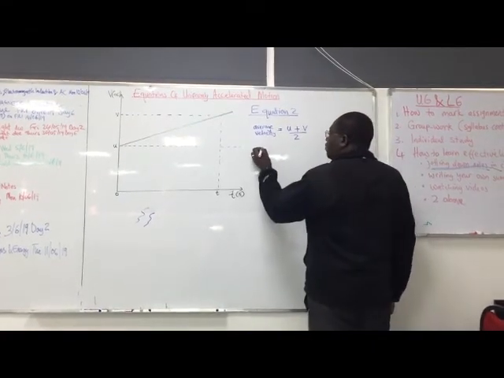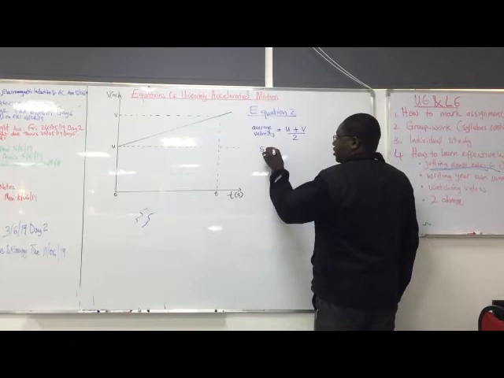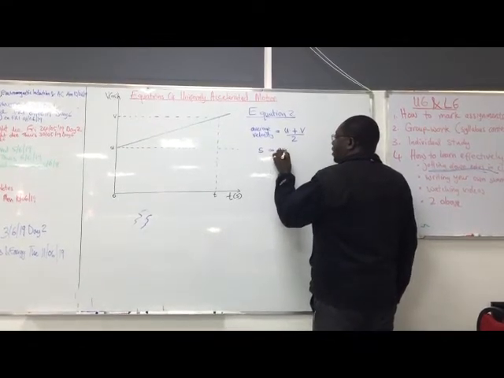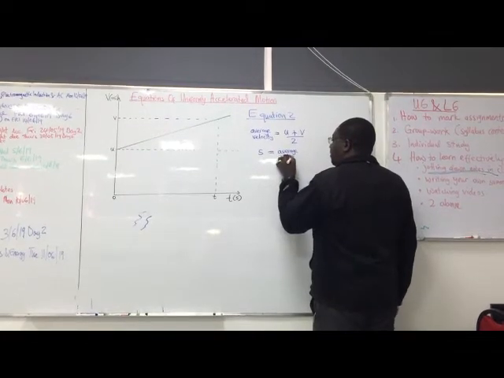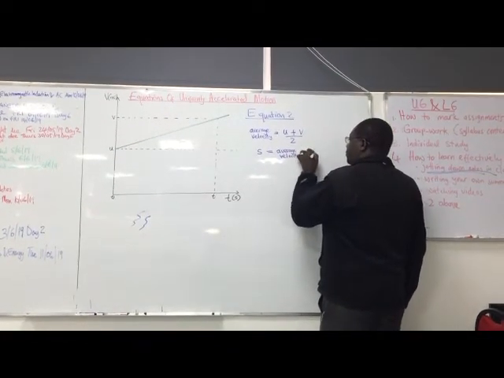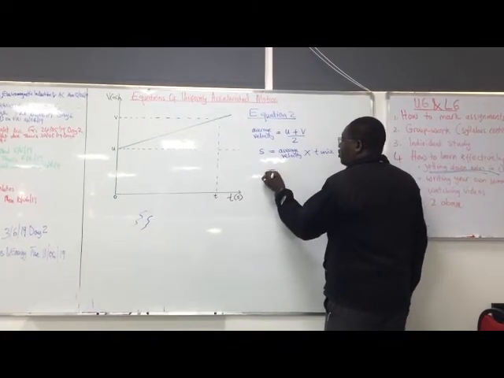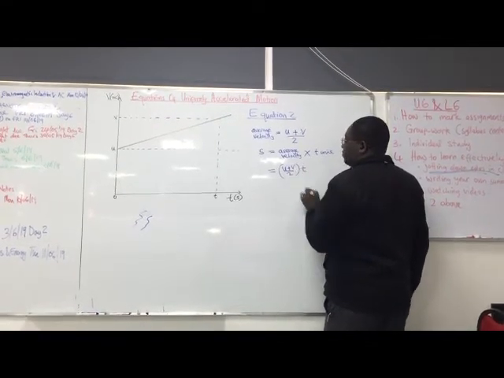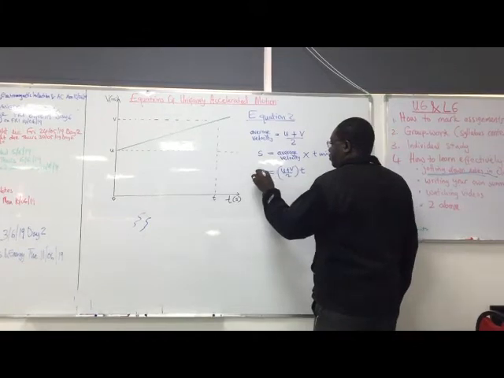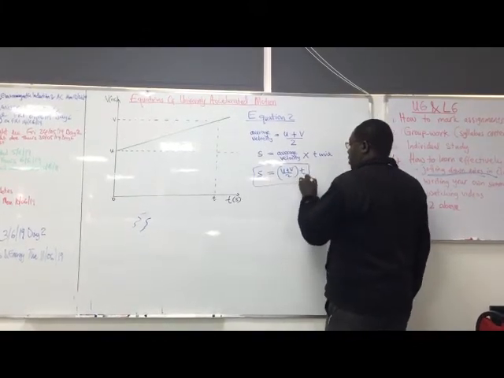Now we know that total distance traveled, s, is equal to the average velocity times the time. So this is going to equal (u plus v) over 2 times the time, which is t. So this is our second equation.